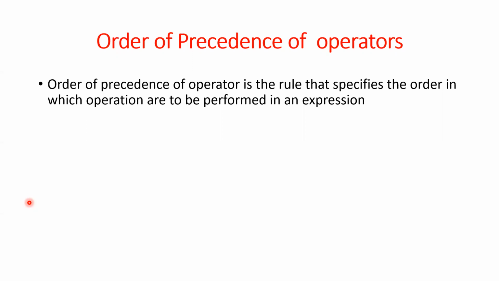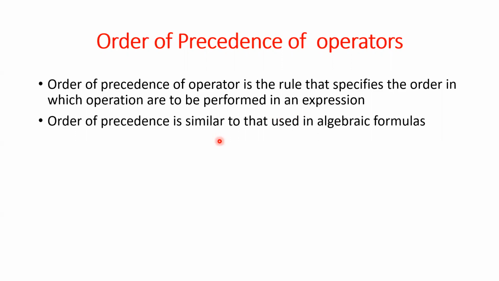Same like that in computers, order of precedence of operators is the rules that specify the order in which operations are to be performed in expressions. Clear? It means what will be the first step in solving the questions. Order of precedence is similar to that used in algebraic formulas.